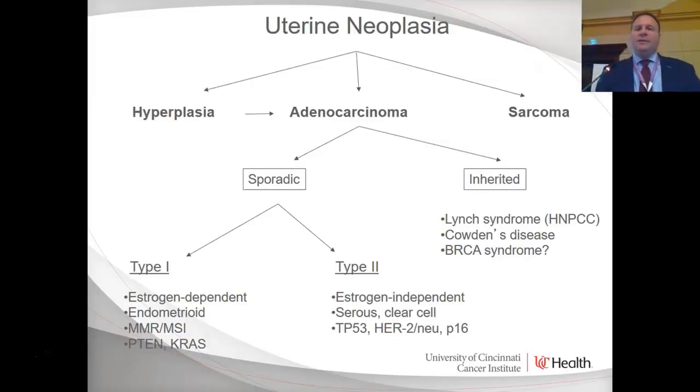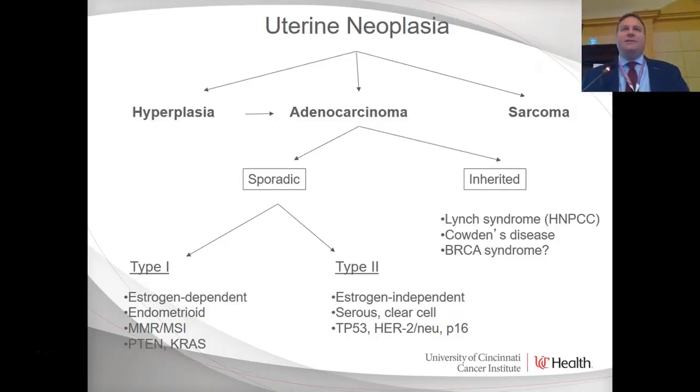And when we think about uterine neoplasia, we generally think about two main categories of tumors: sarcomas, which Dr. Herzog will eloquently discuss later this afternoon, and then adenocarcinomas, which we generally divide into sporadic and inherited types.